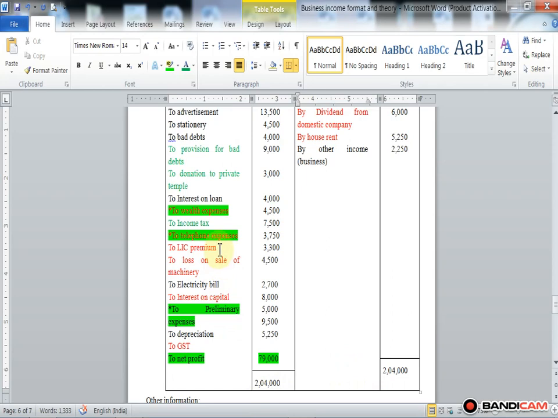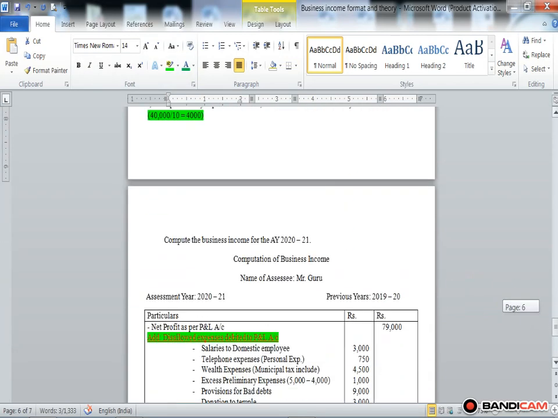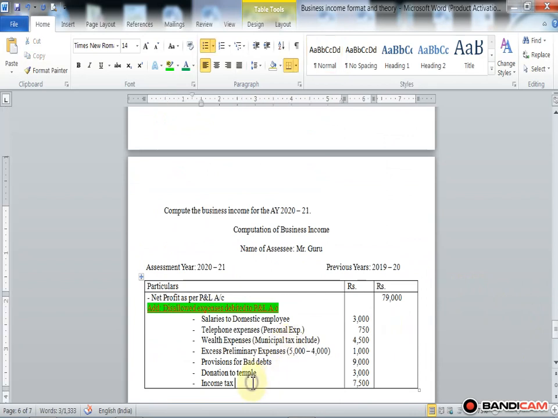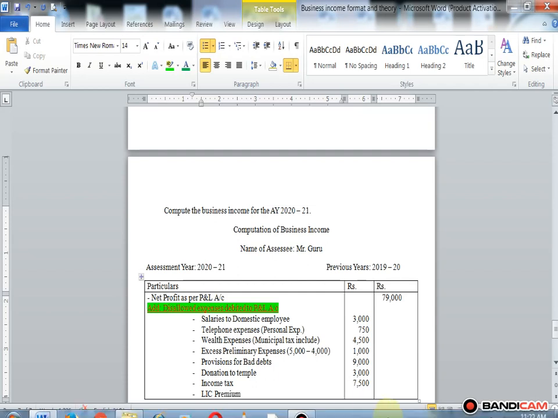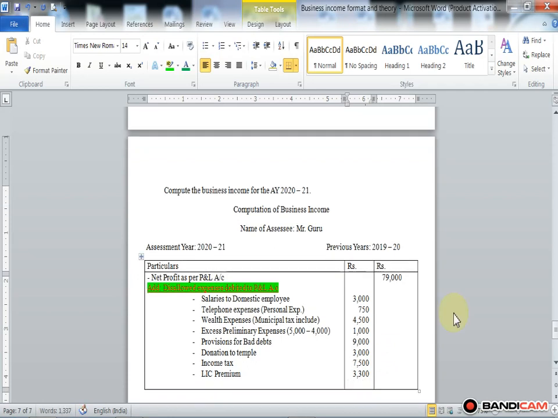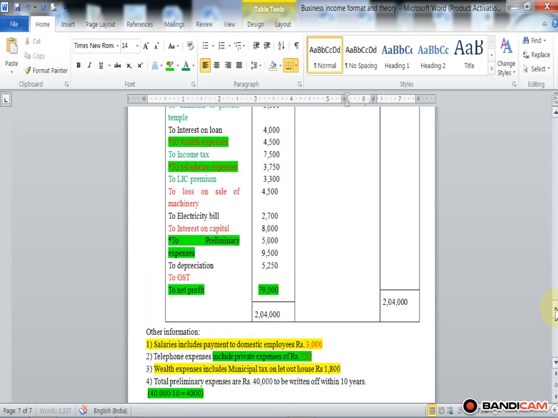Then LIC premium. So life insurance policy premium is a personal expense of Mr. Guru, 3,300. So add this 3,300 in net profit. LIC premium amounted to rupees 3,300. Then loss on sale of machinery.